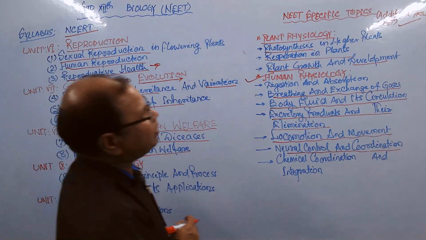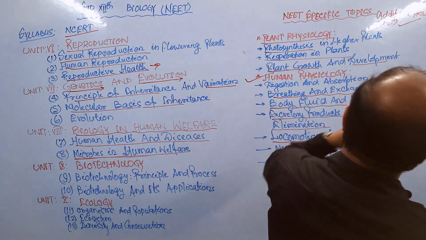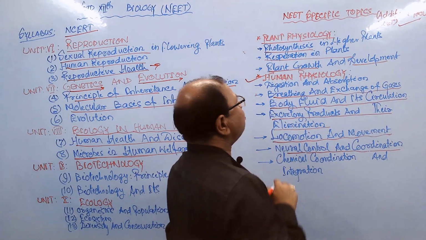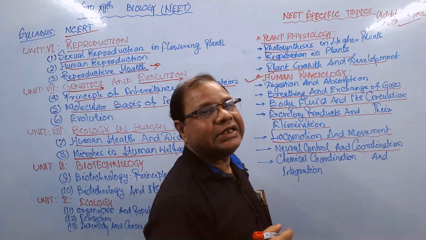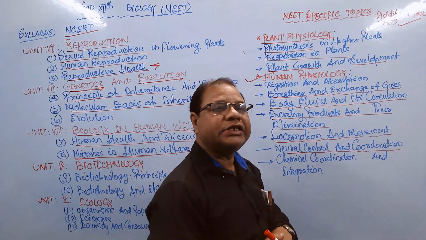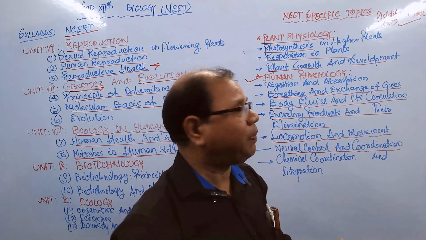Now we come to the NEET-specific topics, the additional focus for NEET. Plant physiology is a very essential topic. In this topic, we go through photosynthesis in higher plants, not lower plants.